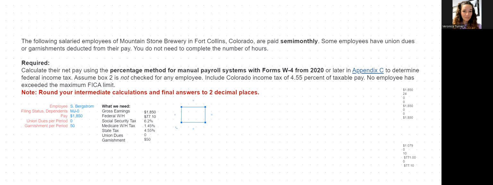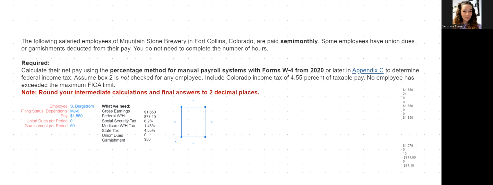Okay. Then we know 6.2% of his gross earnings is going to be Social Security tax. So if I do my calculator math, because my brain math will not calculate that for me, unfortunately, it's going to come out to 1,850 times 0.062. That gave me $114.70.